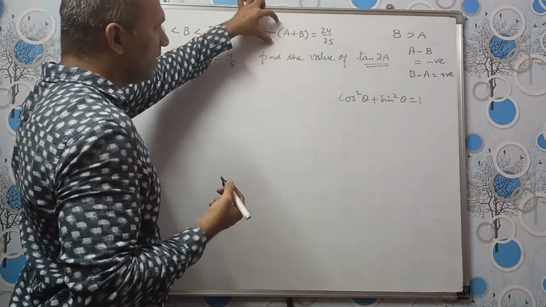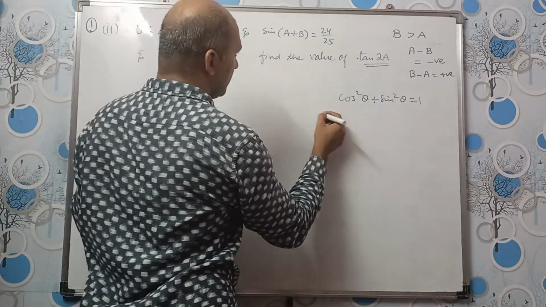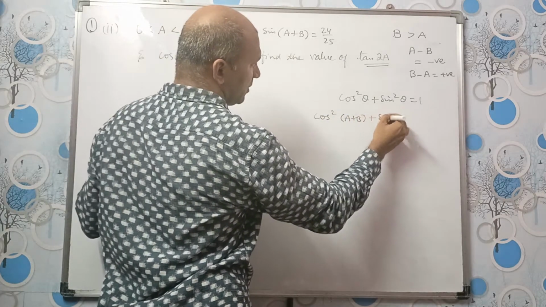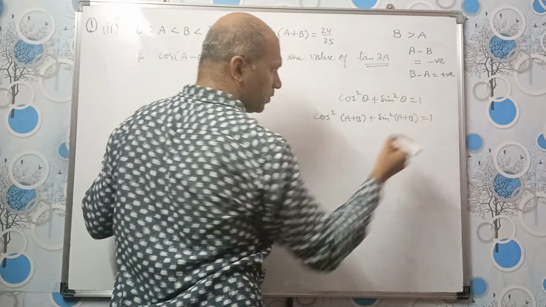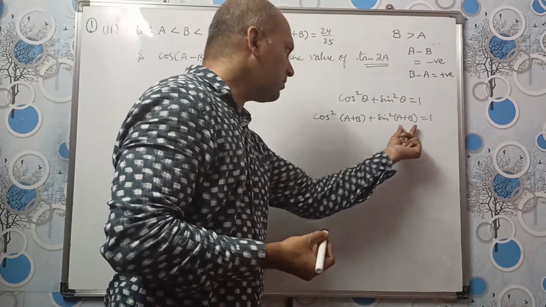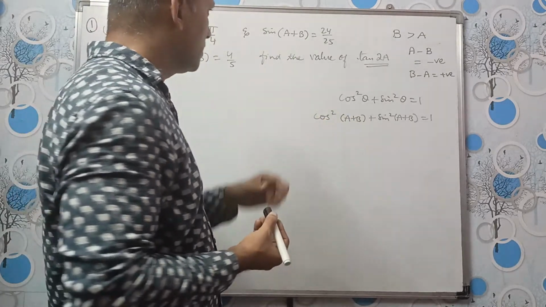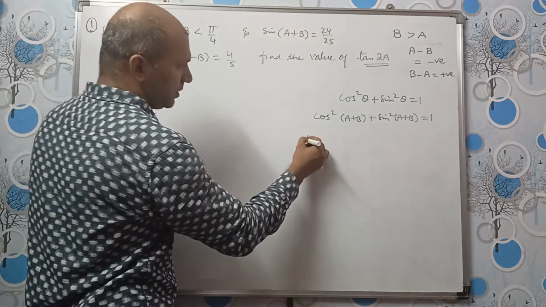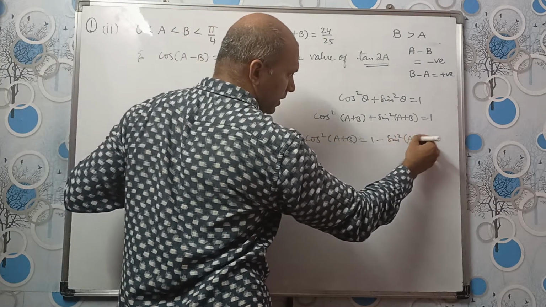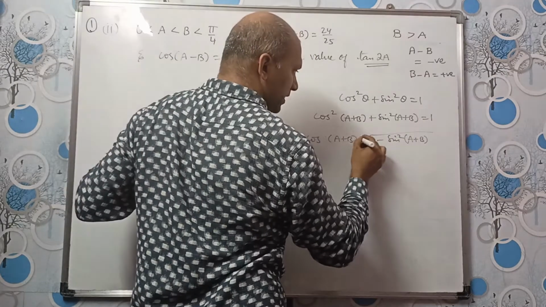Using this, we can find cos A plus B and sin A minus B. Here, cos square A plus B plus sin square A plus B will be equal to 1, in place of theta we have A plus B. So cos square A plus B is equal to 1 minus sin square A plus B. The square goes to the other side and becomes plus minus root.